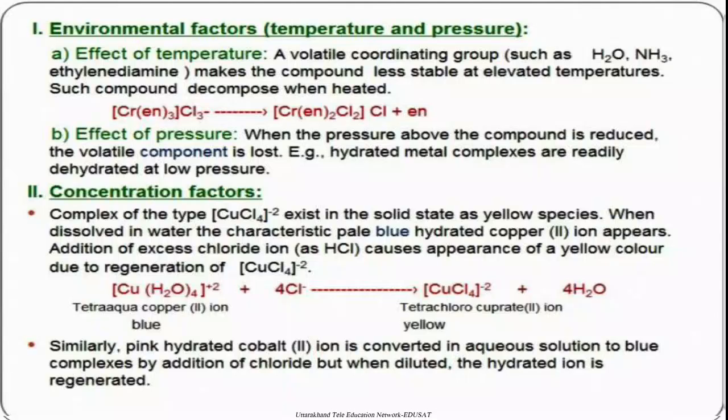Next point is the concentration factor. A complex of type CuCl4, that is tetrachlorocuprate, exists in the solid state and is yellow in color. When dissolved in water, the characteristic pale blue hydrated copper(II) ion appears.